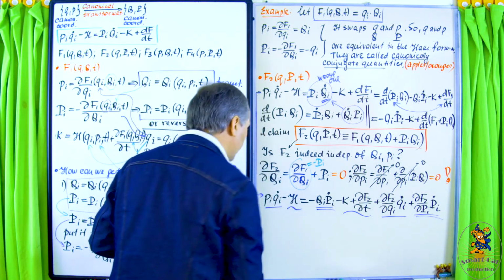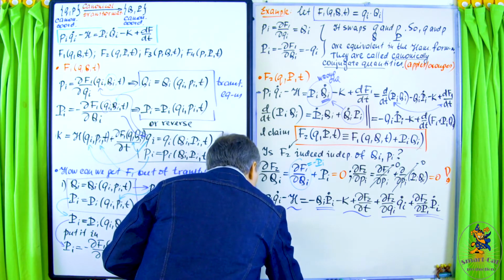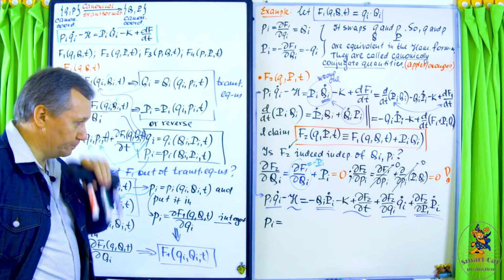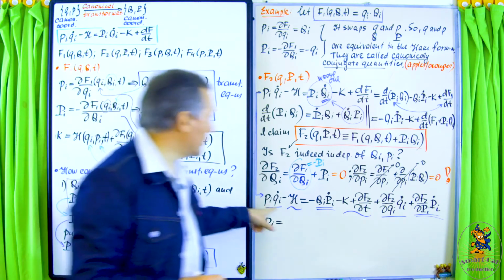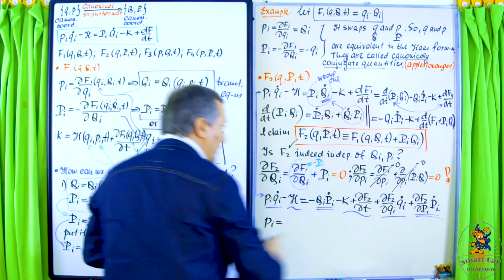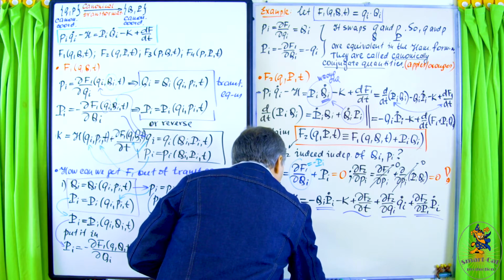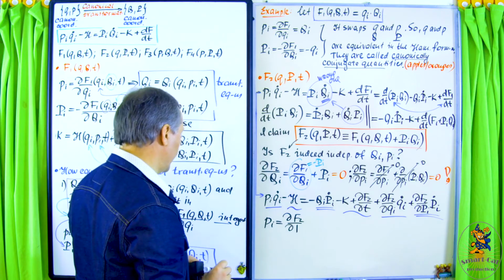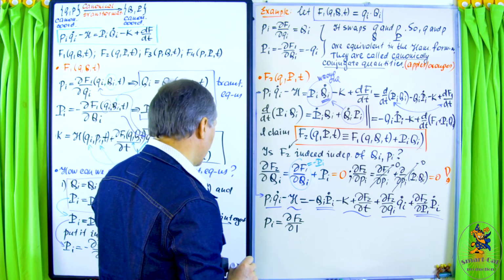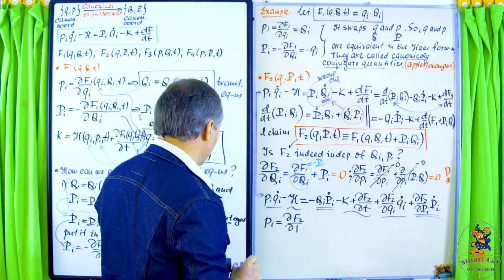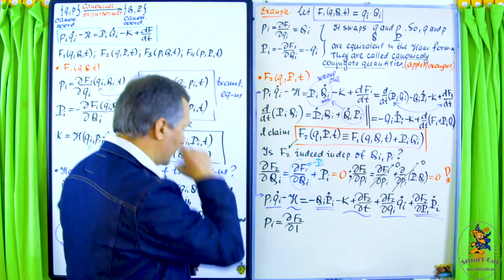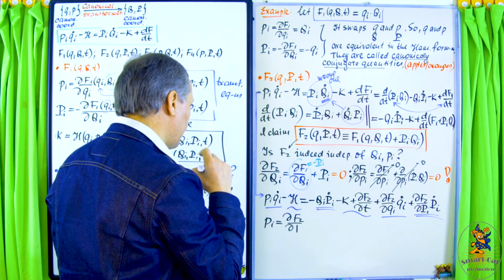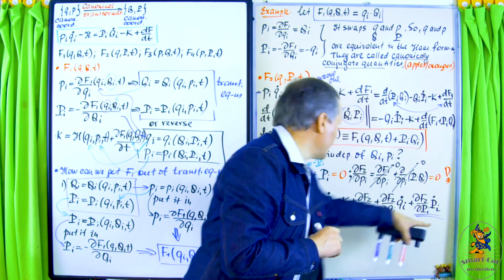Okay, so the first one. All right, so p_i equals, they're on different sides of the equation, so it will be partial derivative of F2 with respect to q_i. Okay, this term, why I'm staring at that one.